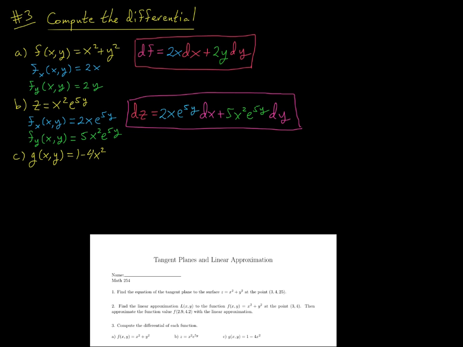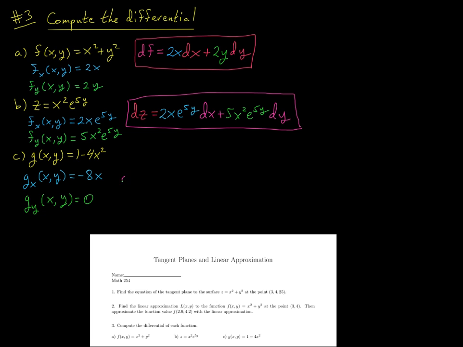And then last up is C. g of x, y is 1 minus 4x squared. Okay, so here notice that g_x now is minus 8x, and what is g_y? 0, right? g is independent of y. Okay, so then what would the differential of g look like?